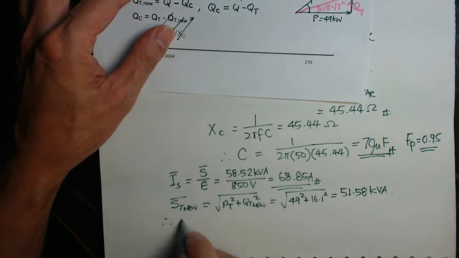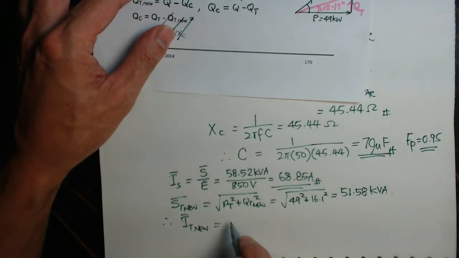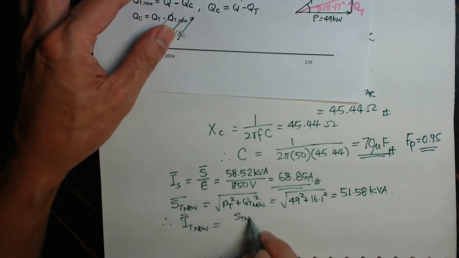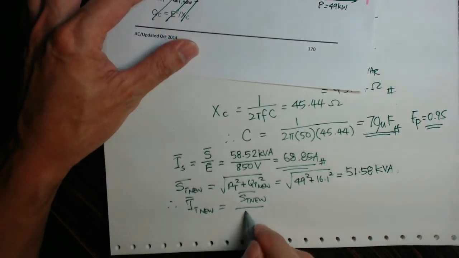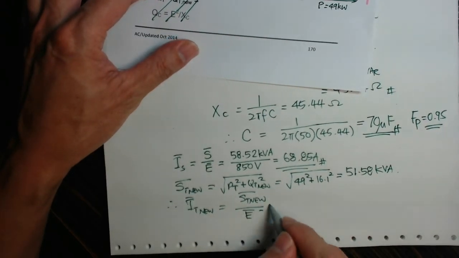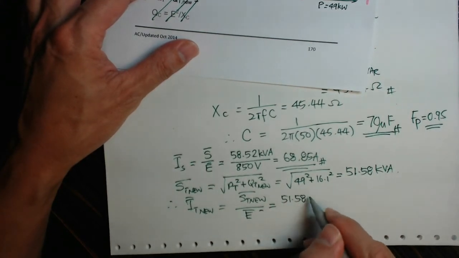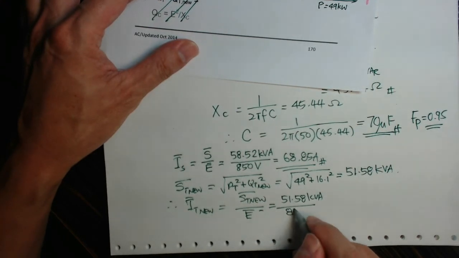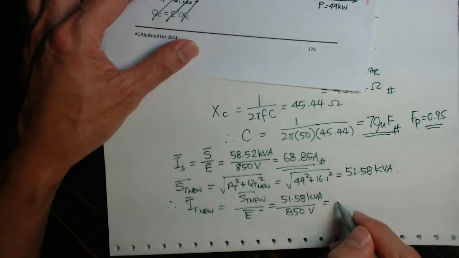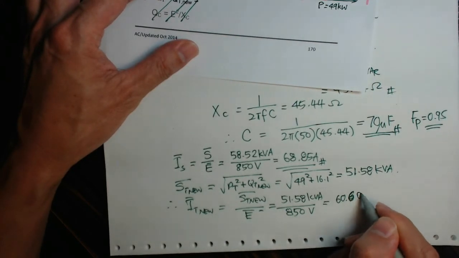Therefore, the new supply current is equal to the new apparent power divided by the voltage, which is 51.58 kVA divided by 850 volt. That's only 60.68 ampere.